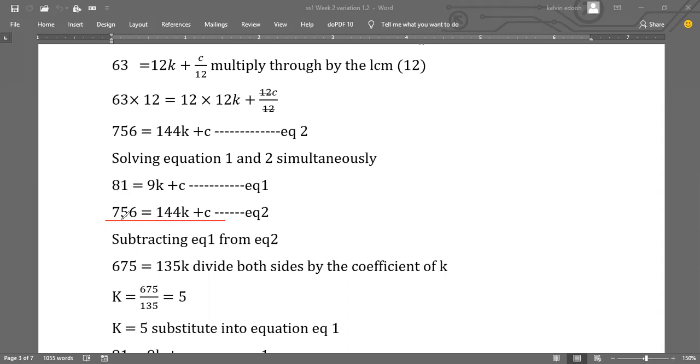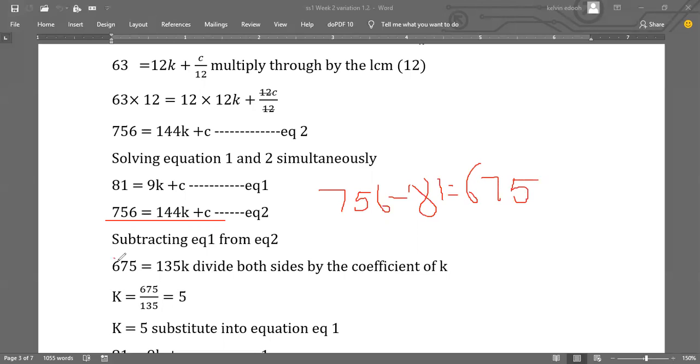Subtract 81 from 756. That will give us 756 minus 81, which is 675.